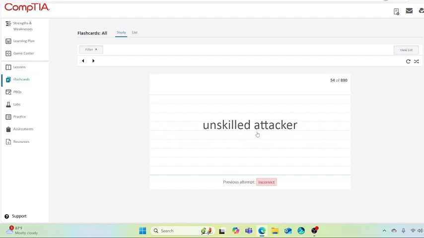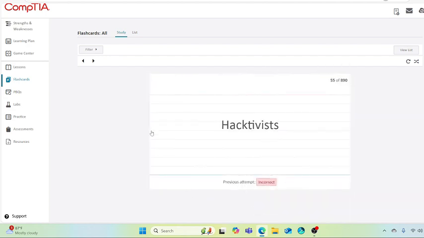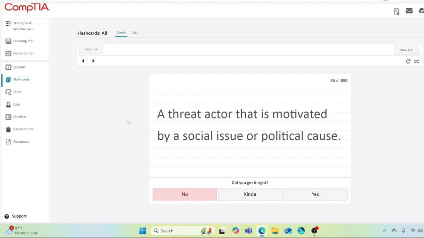Unskilled attacker. An inexperienced, unskilled attacker that typically uses tools or scripts created by others. Hacktivist. A threat actor that is motivated by a social issue or political cause.